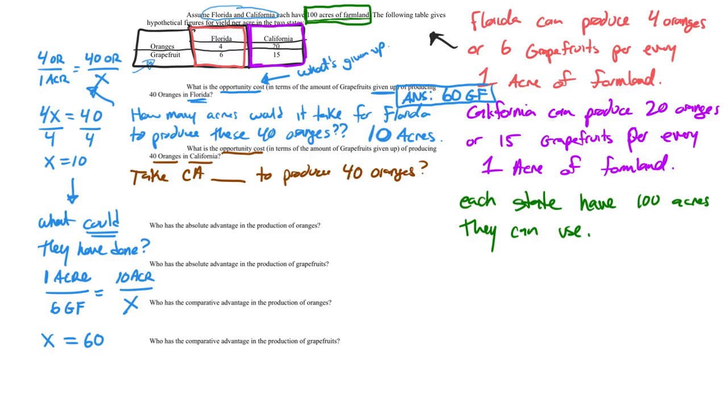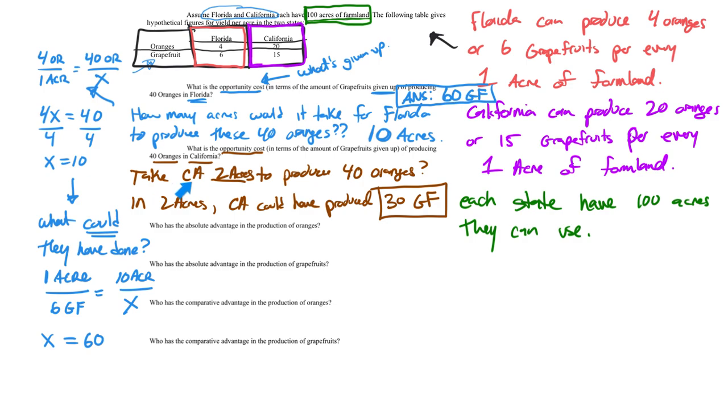That means it's going to take them 2 acres to produce the 40 oranges. And in 2 acres, California could have produced 30 grapefruits.